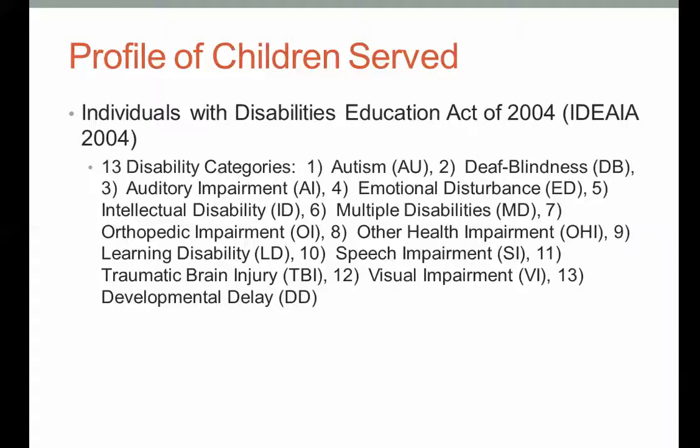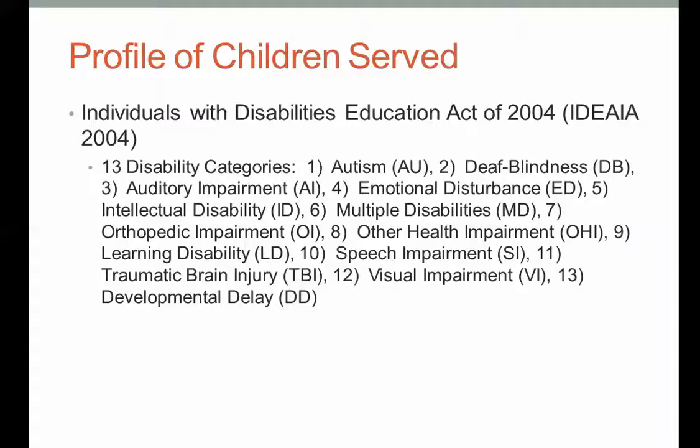So it's very important for you to have an awareness of these 13 different disability categories, because you as a diagnostician will be a part of diagnosing every single one of these. You may not be the sole person doing the evaluation for each one of these disabilities, but you will be a part of that team.